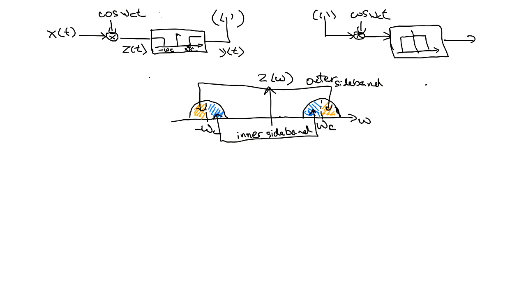So again, the purpose of having single sideband transmission is because we can save the bandwidth of the signal by a factor of 2, and we care because bandwidth is a very expensive resource.